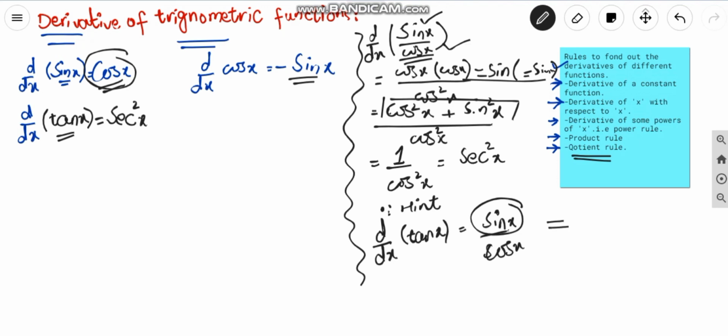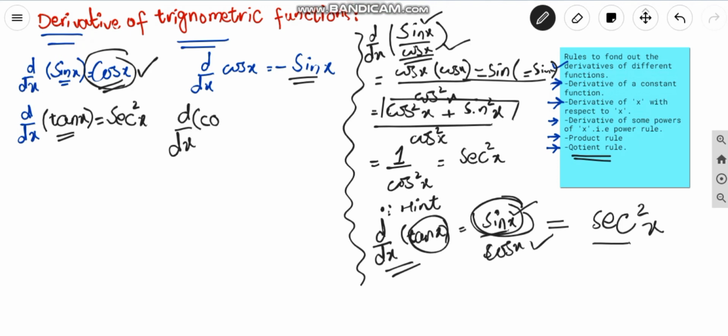And what is the inverse of cos? The inverse of cos is secant. So you can say that the derivative of tan x is secant square x. This is just a tip to remember: tan x is sin x over cos x, the derivative of sin x is cos x, and the inverse of cos is secant. So the derivative of tan x is secant square x.